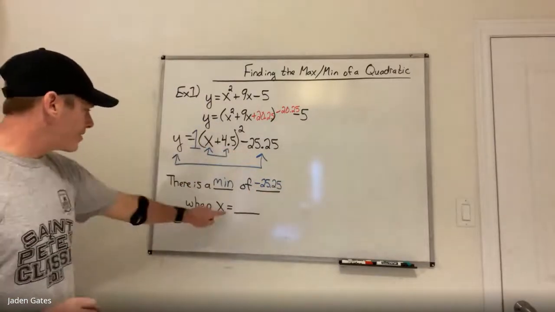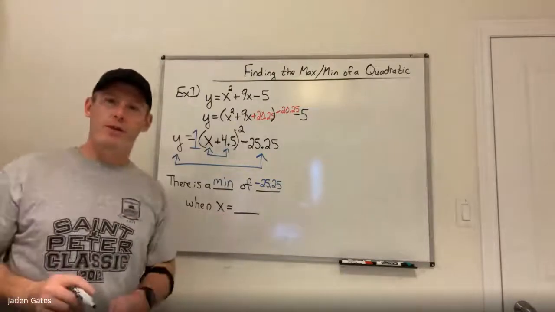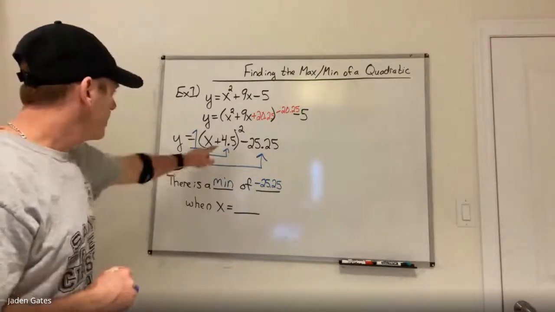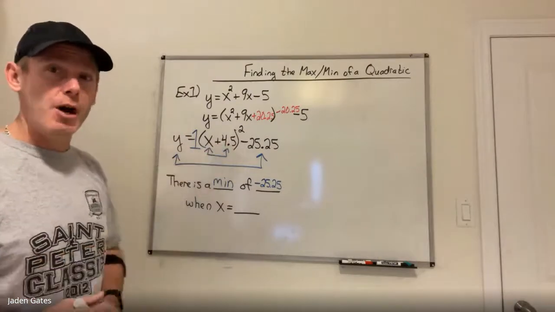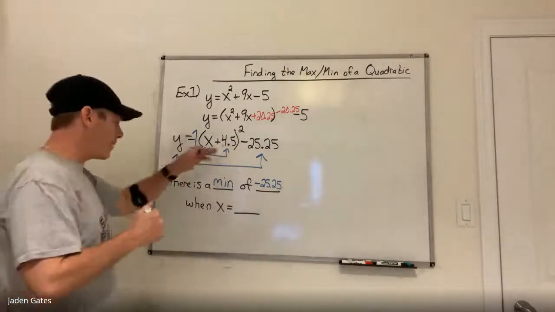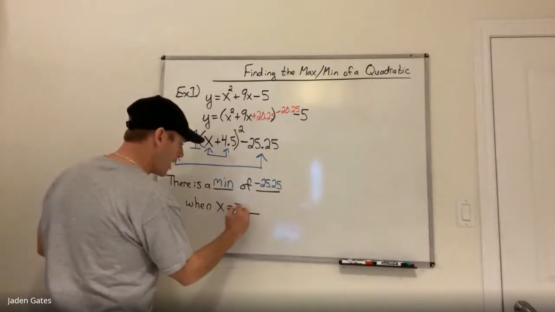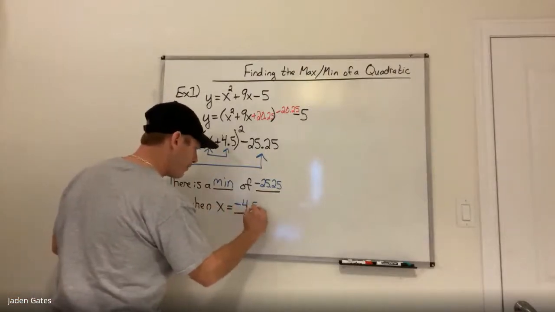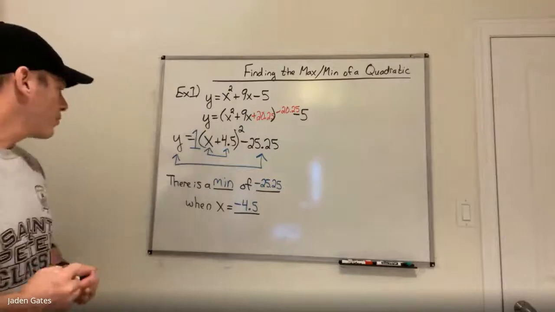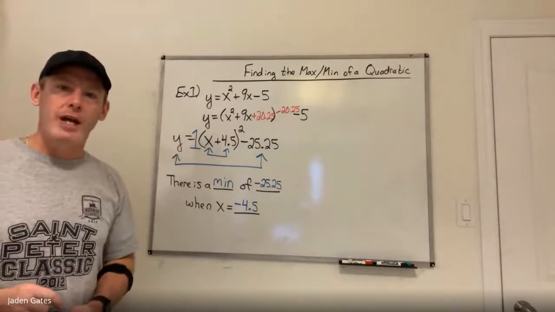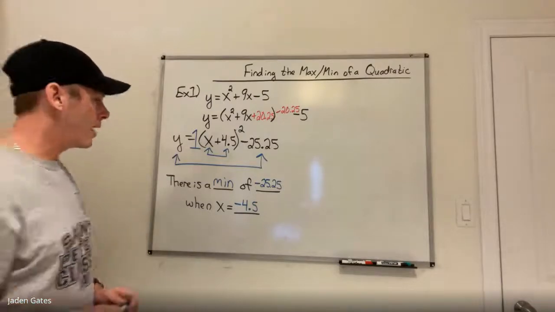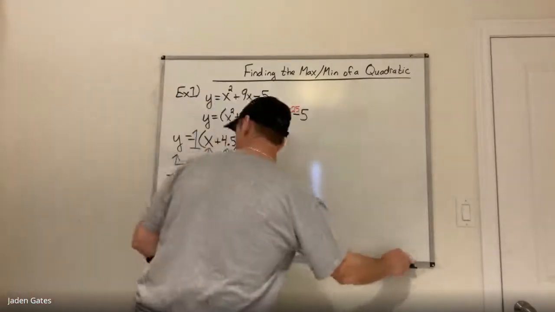When x is equal to, now again, this always gets tricks people up with quadratics. Again, always looks the opposite, because there's supposed to be a minus sign there if our h is positive. This time it is plus, so that means our x value is actually negative 4.5. So again, I was able to find all this information just by looking at the equation. All right, by completing the square first, obviously.